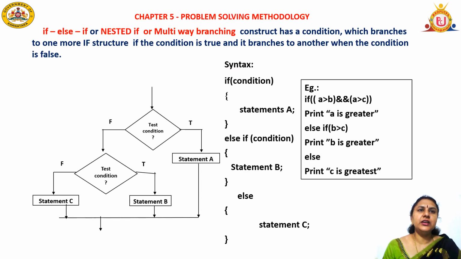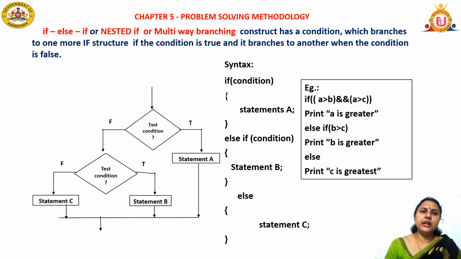The next, third selection construct is if else if. It is also called nested if or multi-way branching structure. Here we will test the condition. If the condition is true, it will execute one set of statements. If the condition is false, it will go and check the condition again.